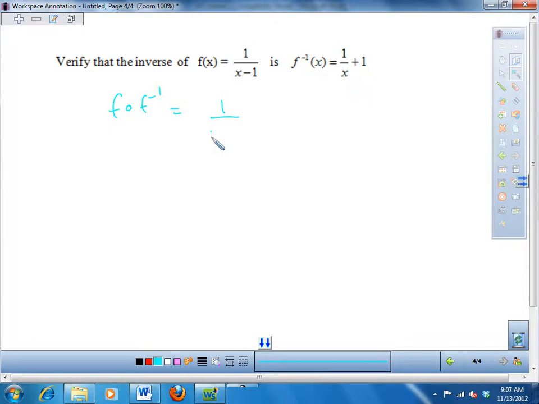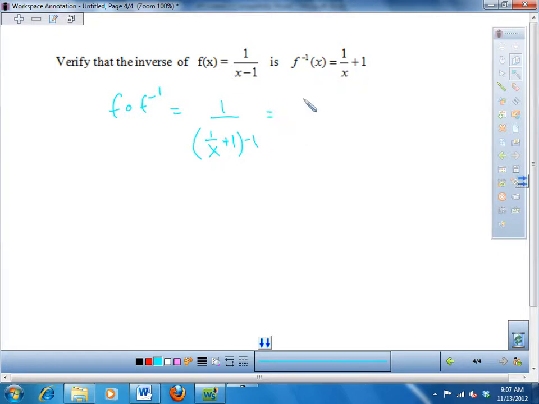So it's 1 over x plus 1 over x plus 1 minus 1.